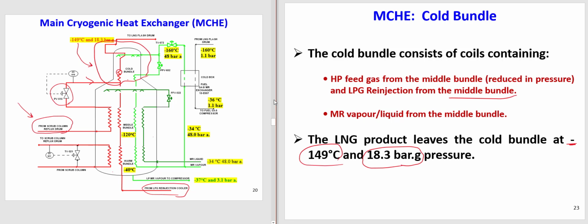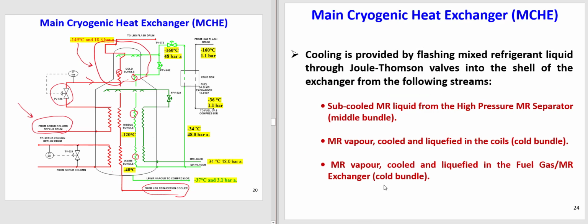They are all together and then they go to the cold bundle, along with mixed refrigeration vapor and liquid from the middle bundle. From the middle bundle I had only vapor, mixed refrigeration vapor. Here I have mixed refrigeration vapor and liquid, and at the end both of them, vapor and liquid, go to the cold bundle. So this is what's happening in each of these bundles.